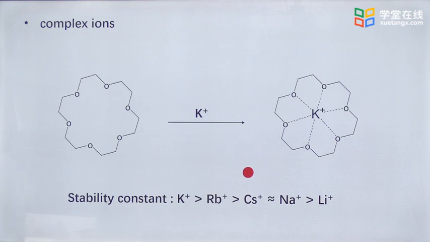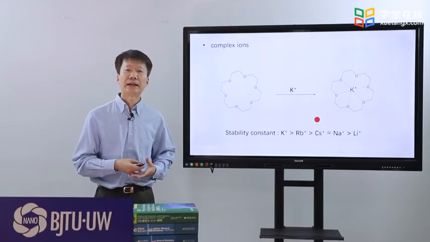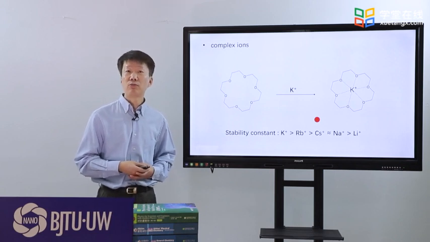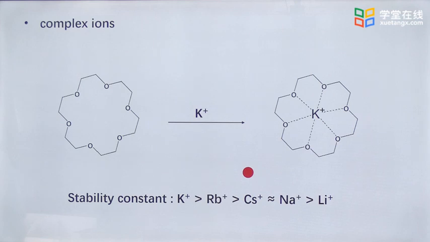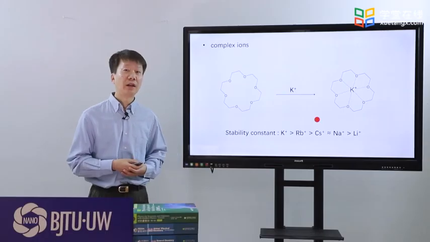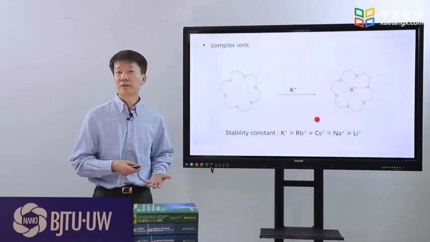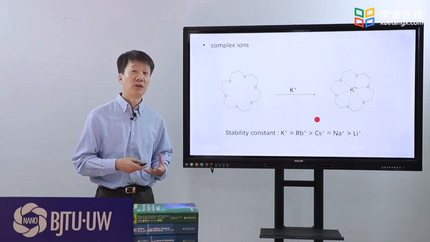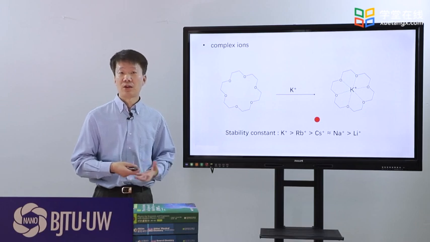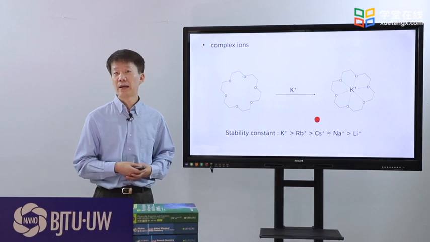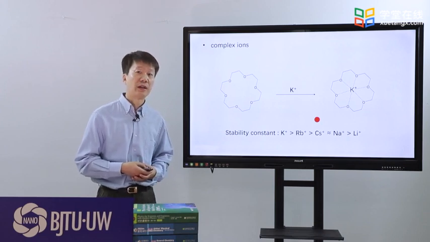The concept of matching ligand hole size to the size of metal ions plays a key role in discussions of the apparent selectivity of particular ligands for particular metal ions. The stability constant for complex ions is K+ larger than Rb+ larger than Cs+, nearly equal to Na+, and larger than Li+.